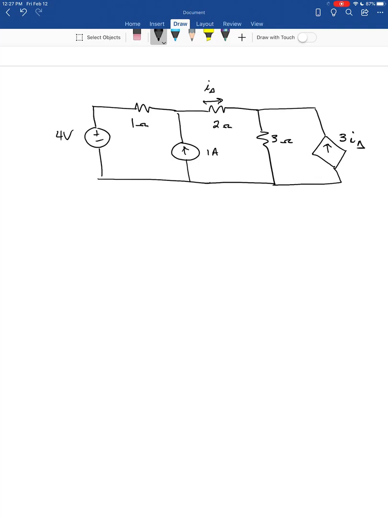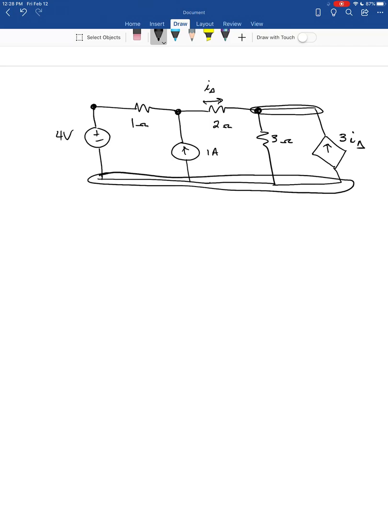So what you need to do initially, in my opinion, is you don't do anything with the dependent source until you get to the very end of the setup. So we're going to proceed just like we've been proceeding. Going to identify the nodes, this one being this whole upper branch, and then we've got one whole big node at the bottom.